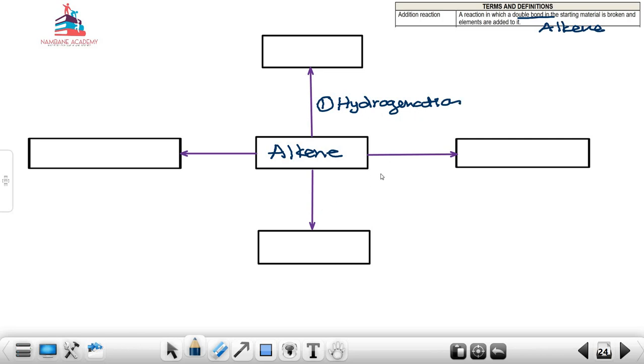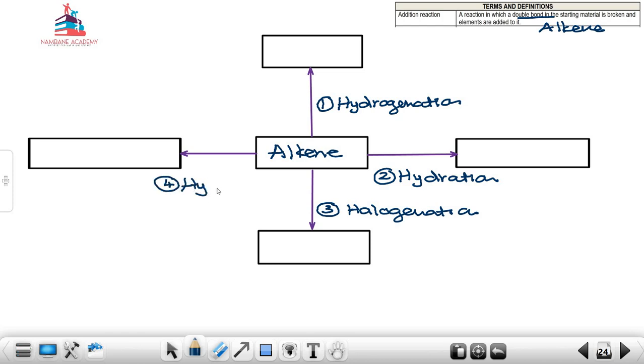The next one that I'm going to talk about is the addition of water, which is going to be hydration. The third one I'm going to speak about is halogenation. And the fourth one that I'm going to speak about is hydrohalogenation.